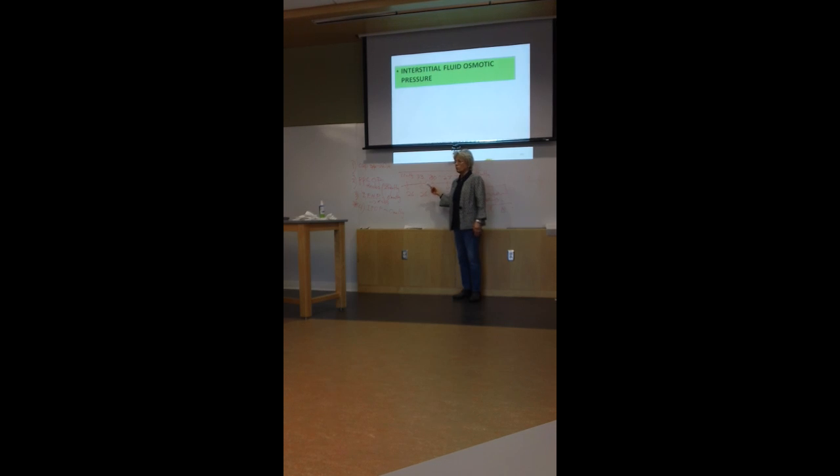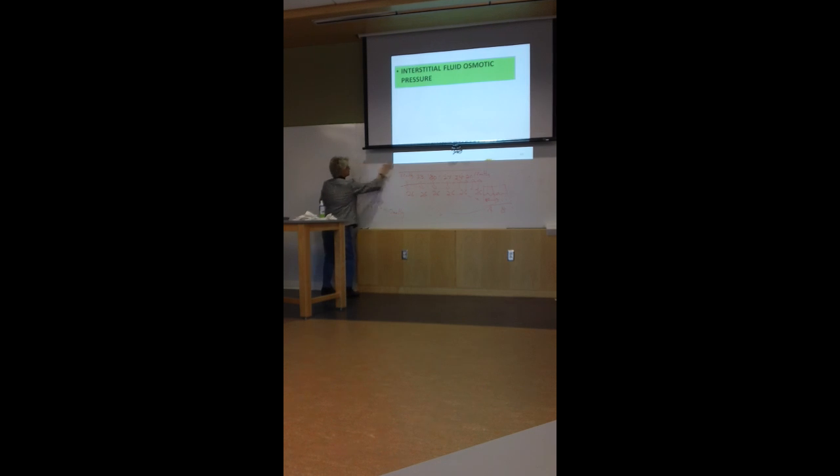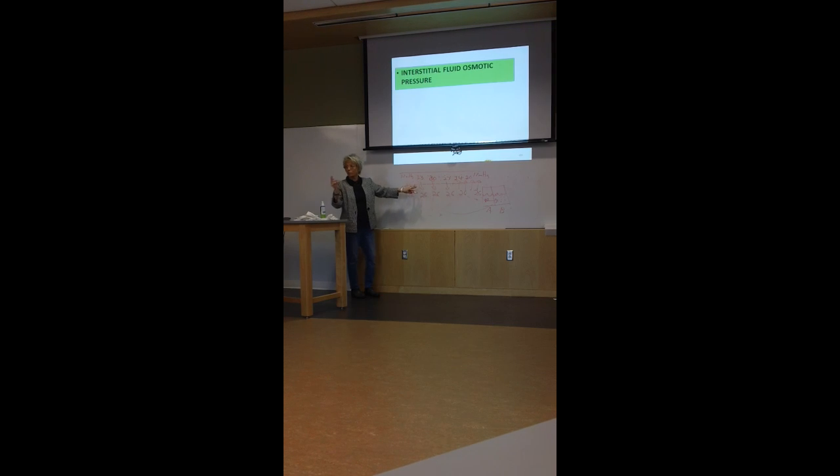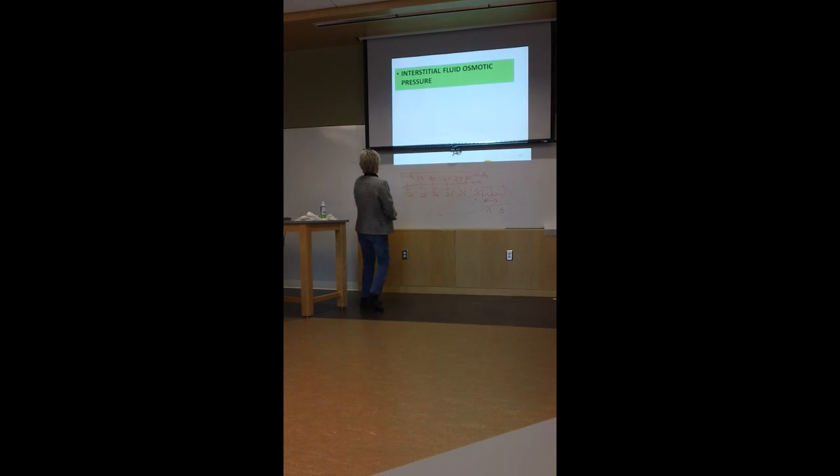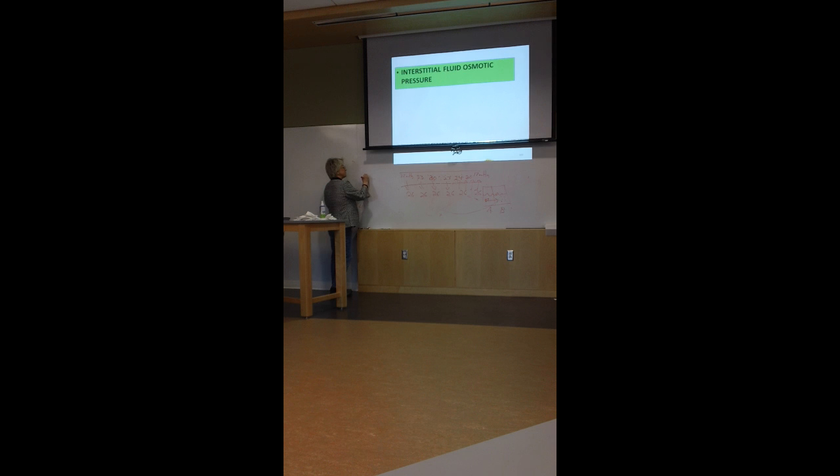Now, if somebody's arterial blood pressure was changing, I'm going to leave that up. You'll see why in a minute. So now we're going to go back and see how capillary blood pressure is affected by arterial blood pressure. We'll go back to that person who had a mean arterial blood pressure of 93.